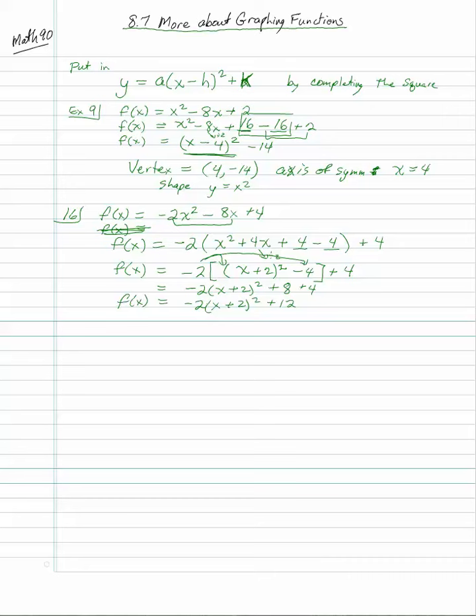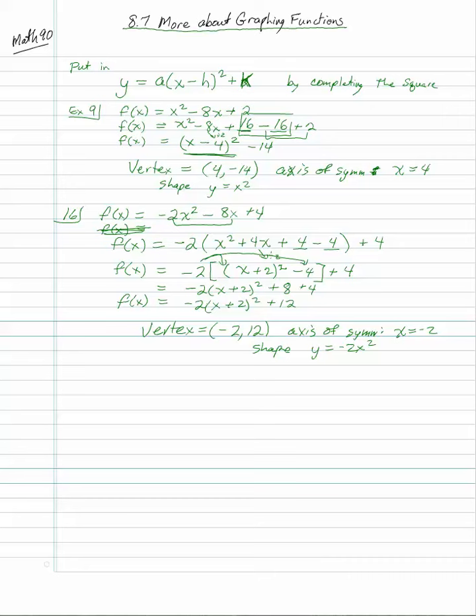And then from here, our vertex is going to be (negative 2, 12). The axis of symmetry will be x equals negative 2, and then the shape of the graph is y equals negative 2x squared. So this one will open down. It's going to be skinnier than the basic y equals x squared.